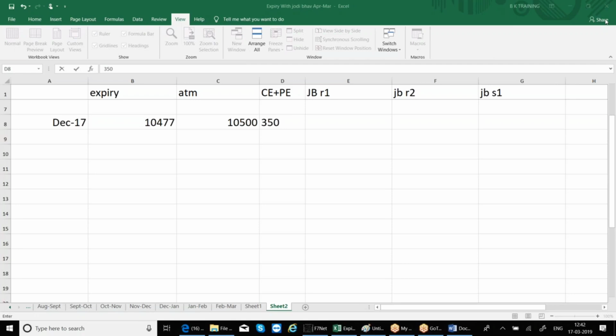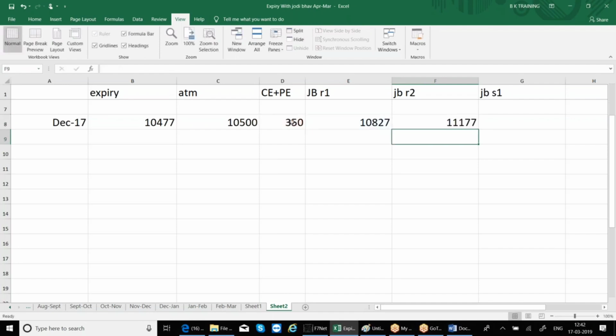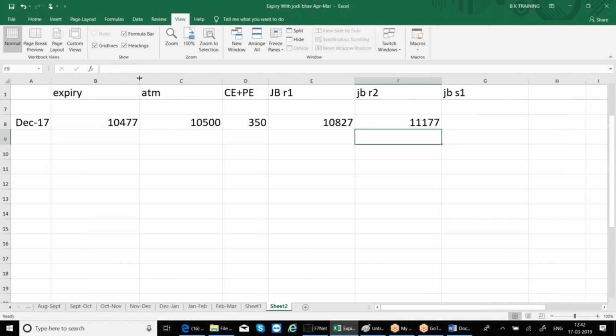So be careful, understand it very properly. 350, what I say equal to... no sorry, I'll go to R1 equal to this plus this, right? R2 equal to this, sorry, no. 1087 equal to this 10 plus this. Got it? Any doubt till here? I don't think anybody will have a doubt.